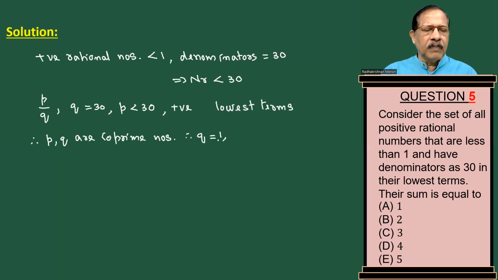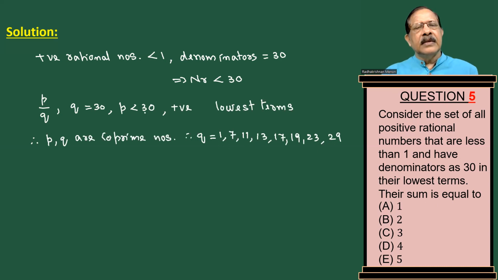No, they are not co-prime with 30. So the next number is 7, next is 11, now 13, now 17, now 19, 23 and 29. These are co-prime with 30 and less than 30.